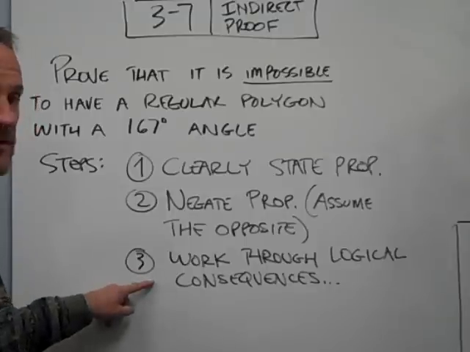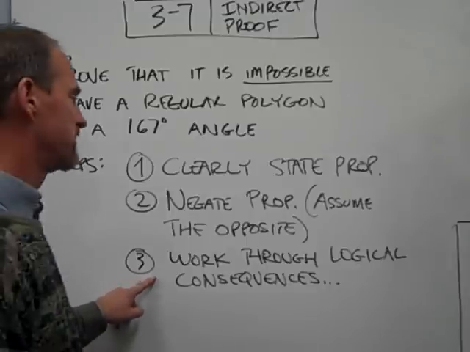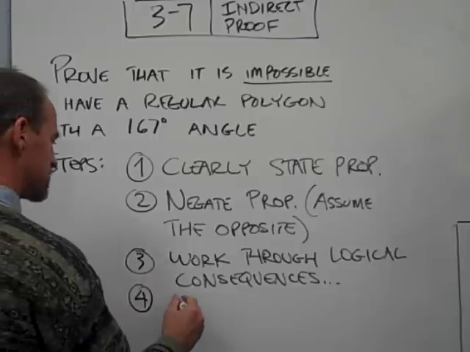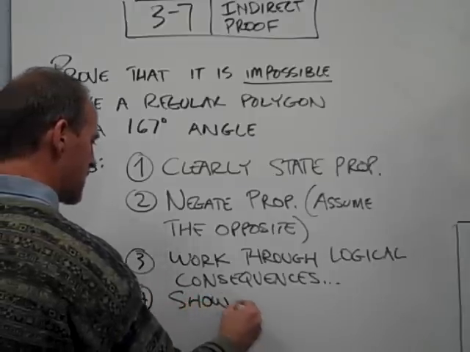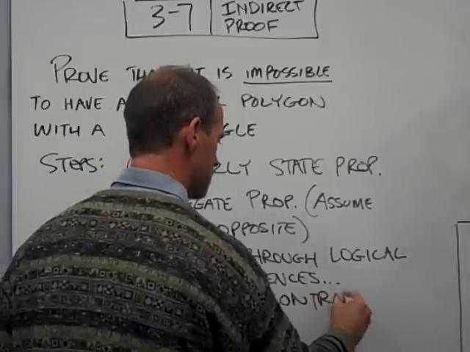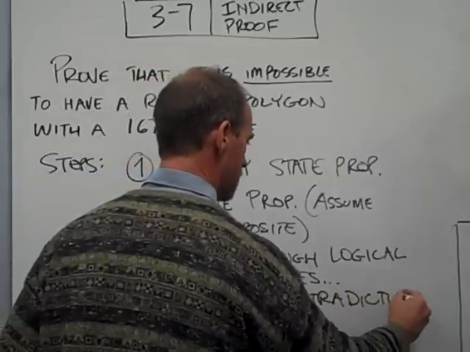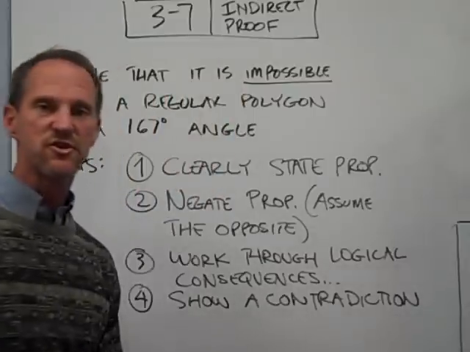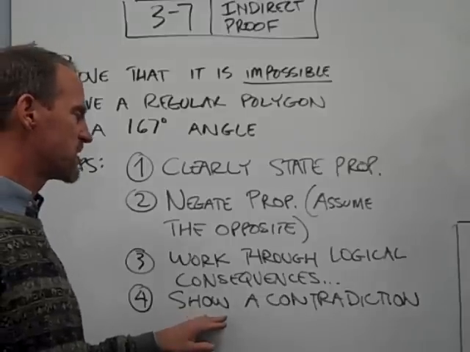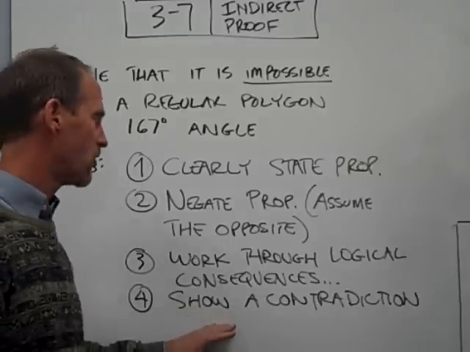Each problem will be a little bit different, so this is a hard step to figure out, but you'll get the idea with practice. Step 4 then is to show a contradiction, that there's something wrong.